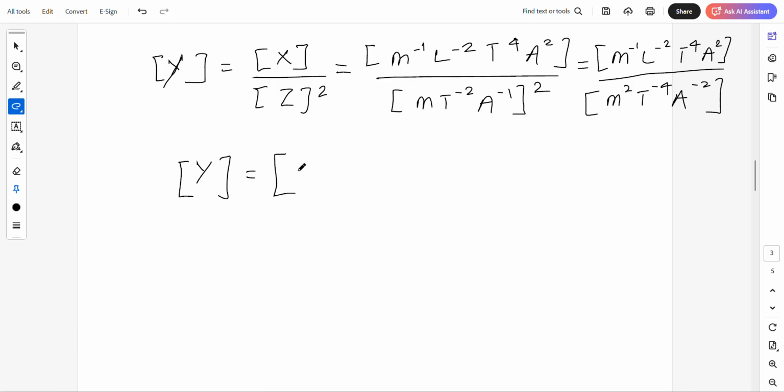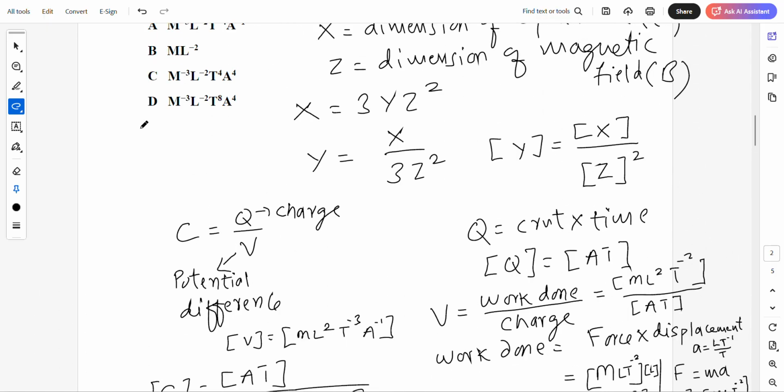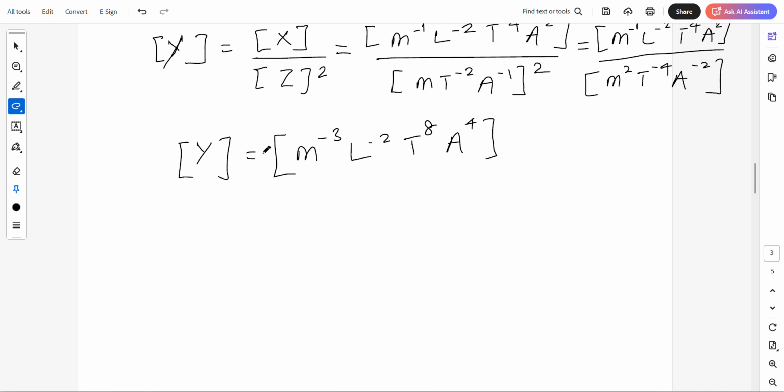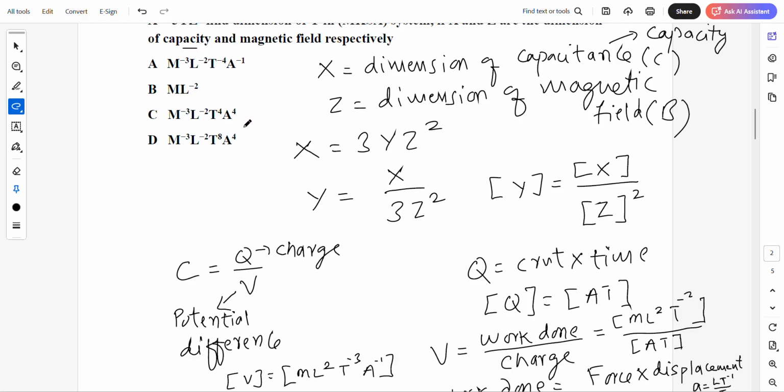Here plus 2 will come to the numerator, that is M to the power of minus 3, L to the power of minus 2 will be as it is, T to the power of 4 plus 4 will be 8, A to the power of 2 plus 2 will be 4. This is the dimension, M to the power of minus 3, L to the power of minus 2, T to the power of 8 and A to the power of 4. Last option is the correct option.